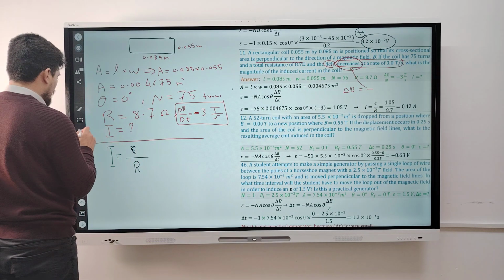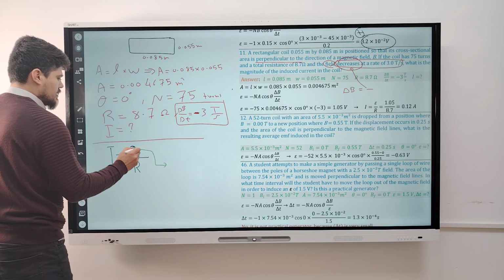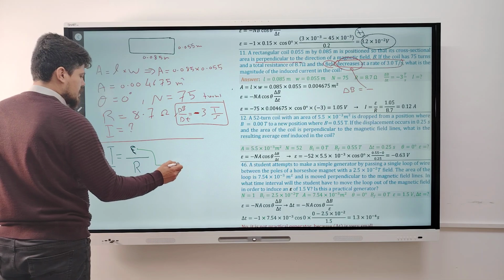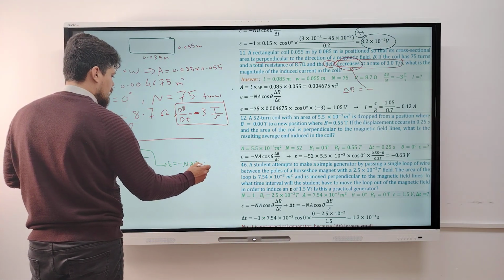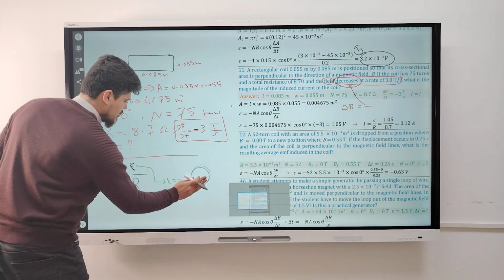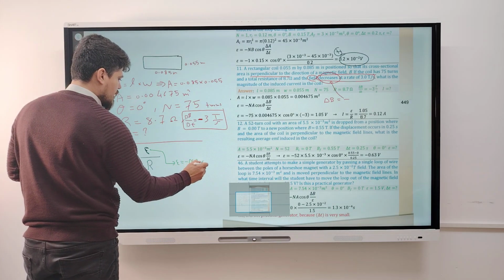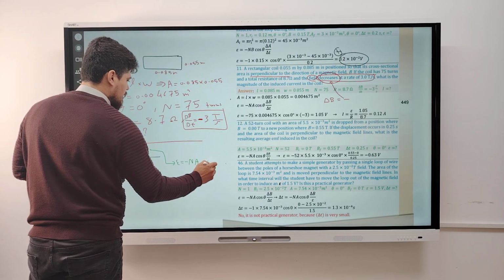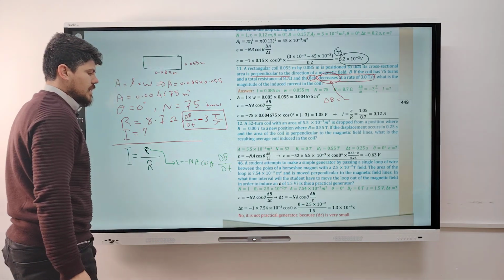No. So then you have to find the EMF. At first, EMF is equal to what? Negative N A cosine theta delta B over delta T.